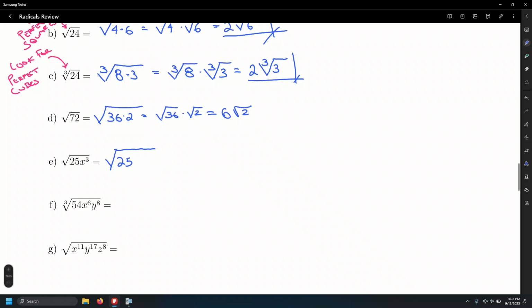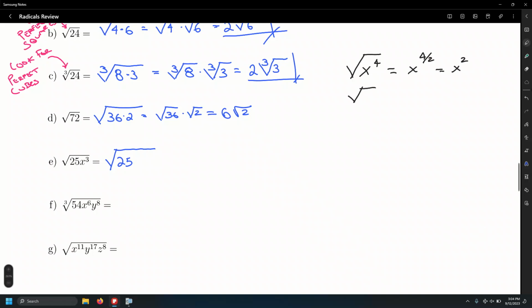For instance, let me do some examples on the side. Let's say the square root of x to the 4th. Is this a perfect square? It is, because if we go back to rational exponent notation, 4 divided by 2 equals 2, and we no longer have radicals.